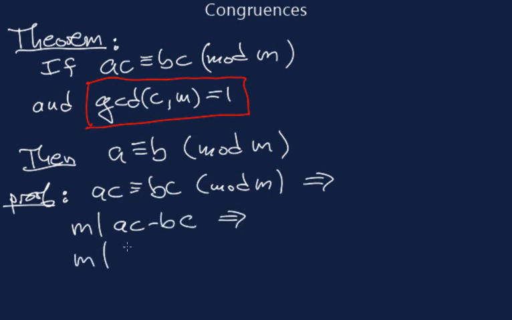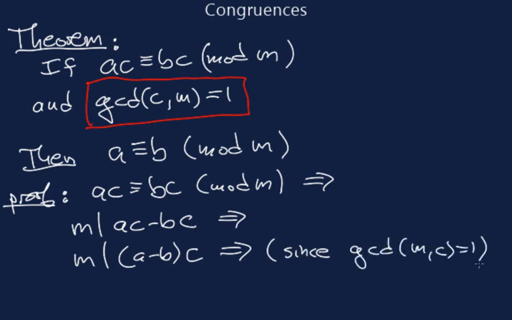And that says that M divides (A minus B) times C. And now the crucial point is that if M and C are relatively prime, since the GCD of M and C is 1, that means that M has to divide A minus B. And that implies that A is equivalent to B mod M. And what we found is that you can cancel provided C and M are relatively prime.